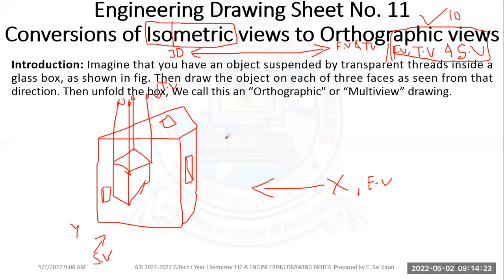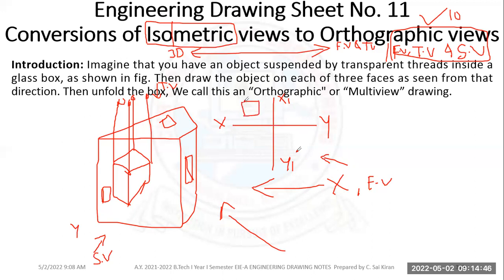So these things you have to represent here. You have to draw your XY line, which is called the reference line, and then you have to draw your X1 Y1 line. We are looking from this side, so the front view is projected here. We are looking at the side view from this side, because the observer has to move from here to here.